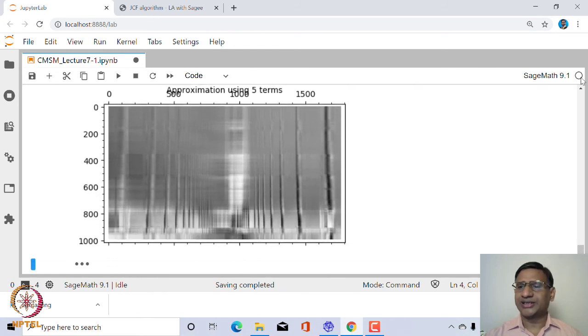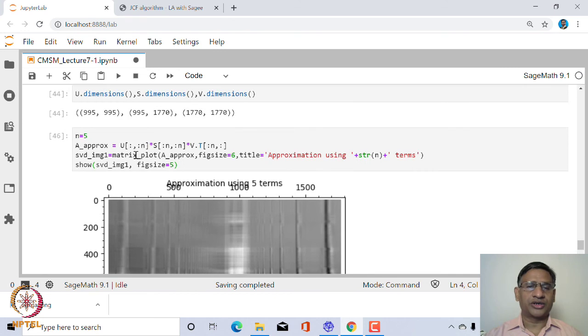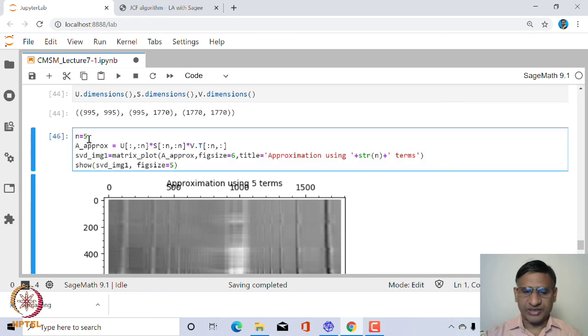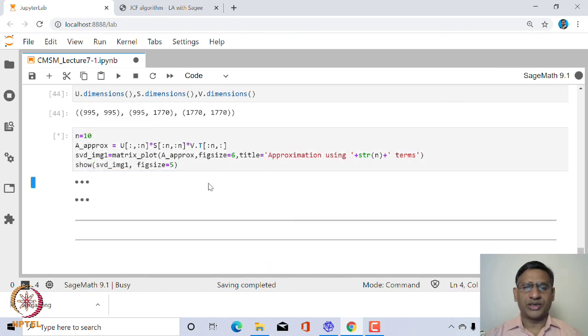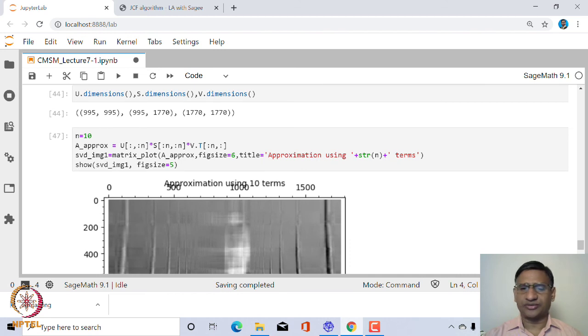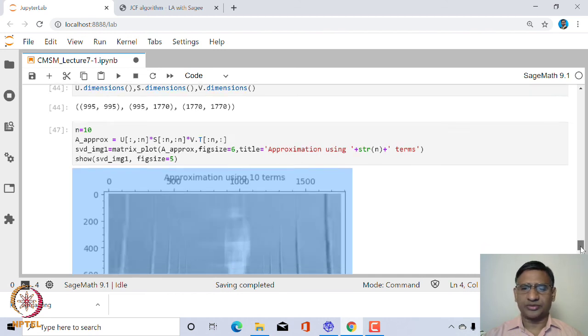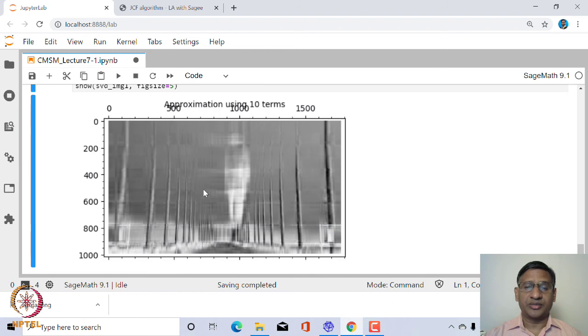Now, let us increase the number of terms. Instead of 5, let us make it 10. When you make it a 10-term approximation, now you can see several things. This is much better than the previous one. It also looks like you have several of these iron poles, and a kind of statue, right.